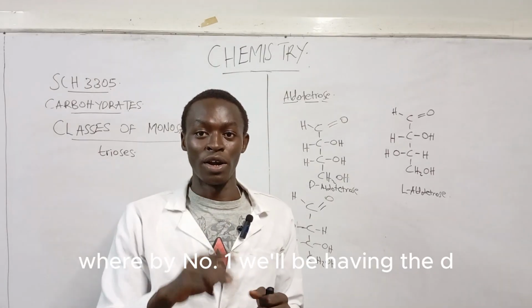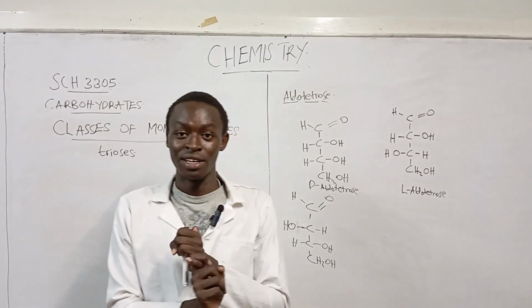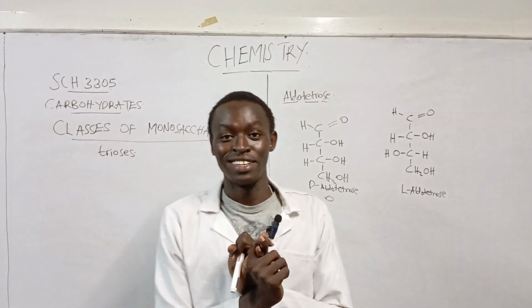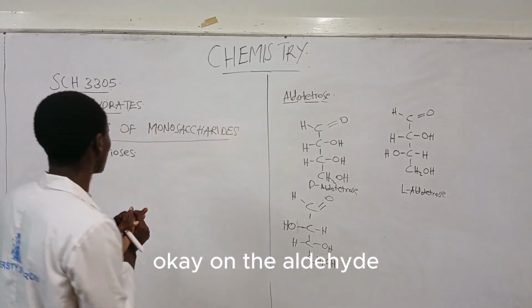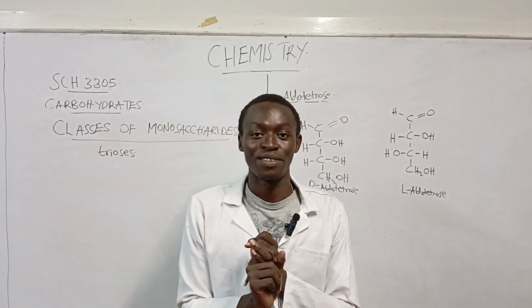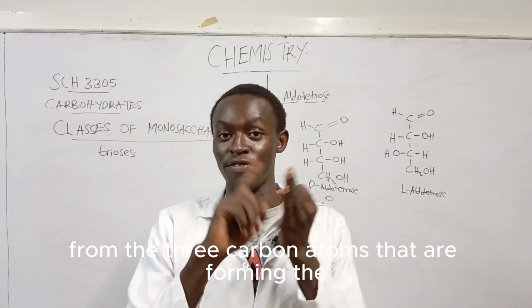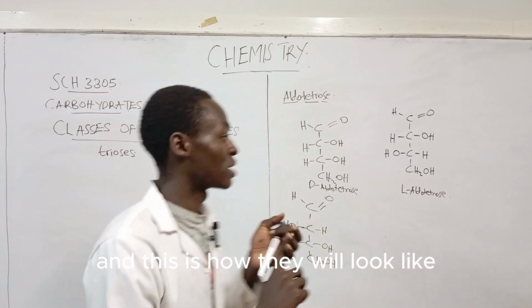By number 1 we'll be having the D triose, and we can also be having the L triose, which is the aldehyde. Also remember that we have the ketone from the 3 carbon atoms that are forming the sugar. This is how they will look like.